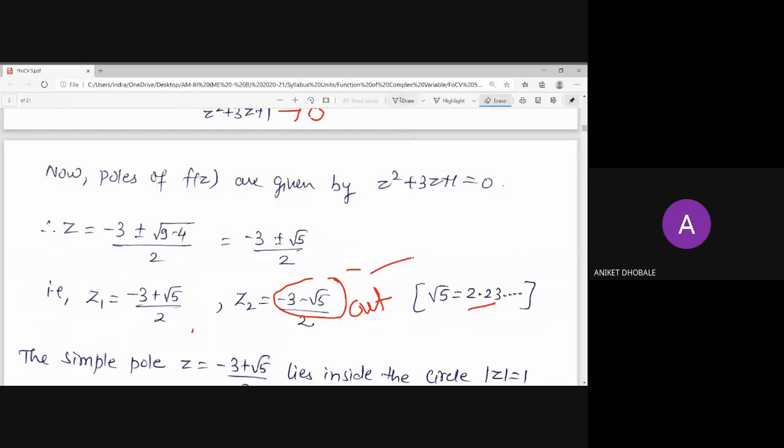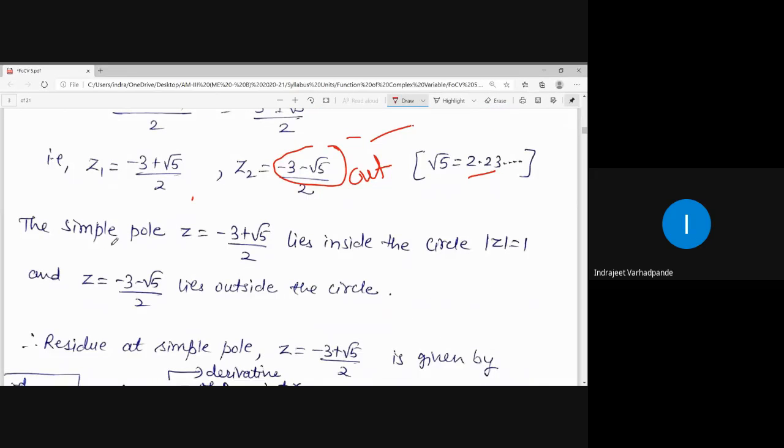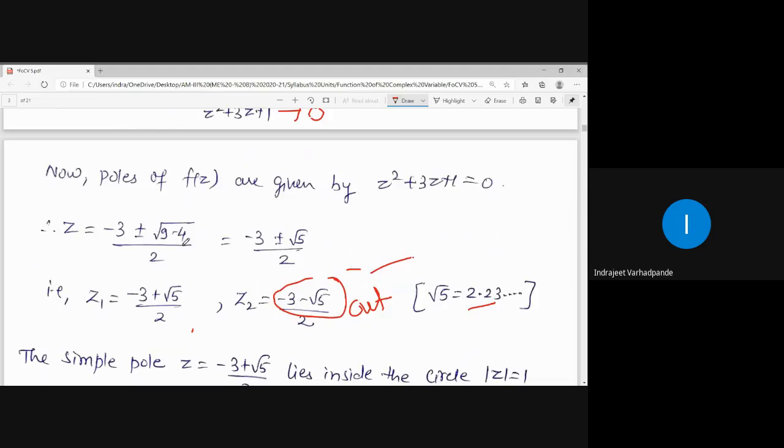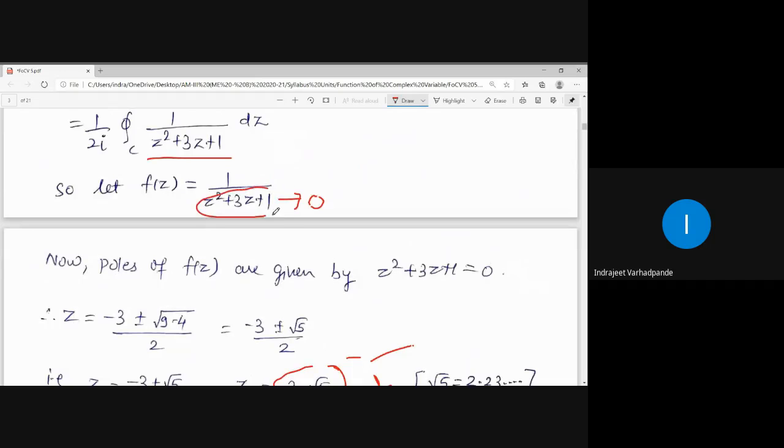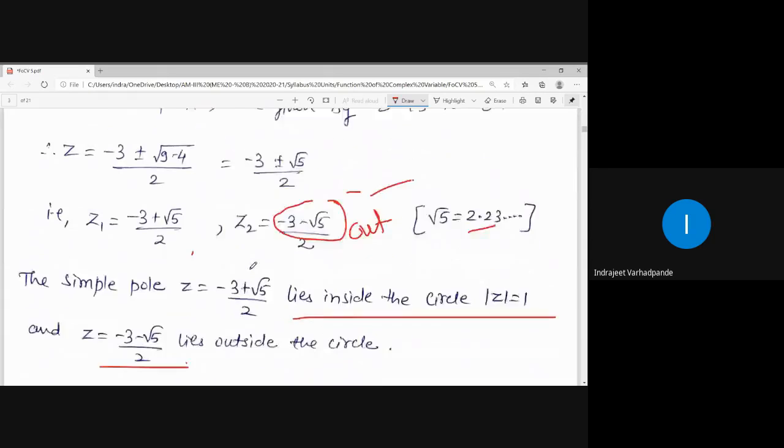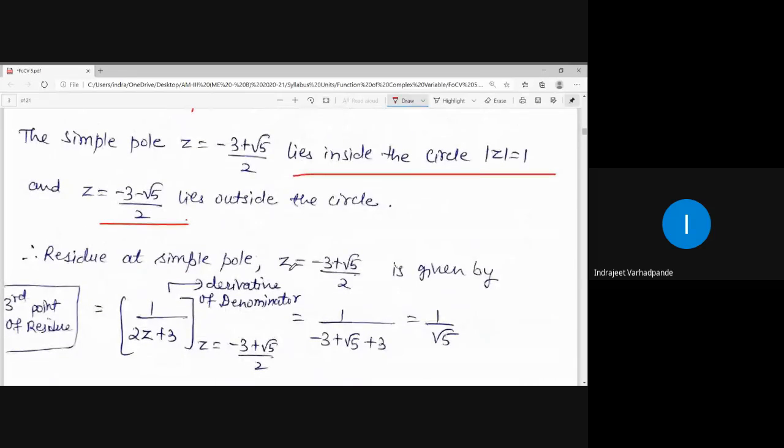Yes, sir. Okay. Next, simple pole z equal to minus 3 plus root 5 upon 2 lies inside the circle. So this lies outside. I told you that we will not use the limit method. What I will do, I will just differentiate this denominator and put the value. So the residue at the simple pole z equal to minus 3 plus root 5 upon 2 is given by 1 upon the derivative of z square plus 3z plus 1, which is 2z plus 3.